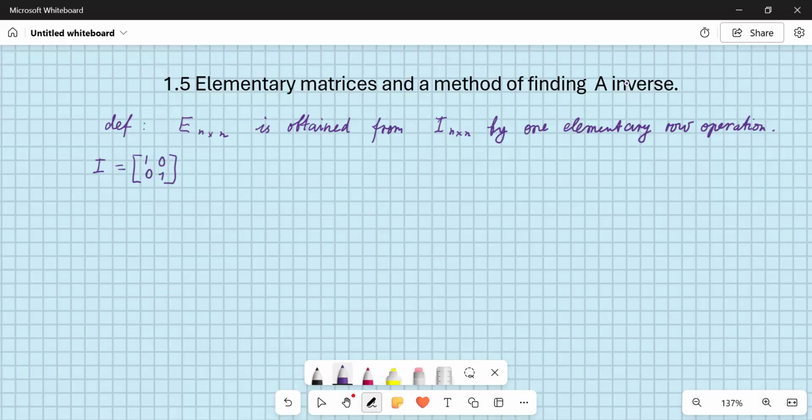Now, we know 3 elementary row operations, right? And I'm going to write them down. Number 1, let's start with the exchange of rows. Exchange means that I put the first row into the second one and the second into the first. This is an operation.